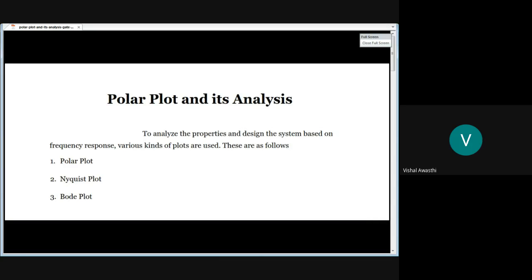To determine the stability of any closed loop or open loop system, you have to draw the magnitude plot and phase plot, and through them you find the gain margin, phase margin, gain crossover frequency and phase crossover frequency.